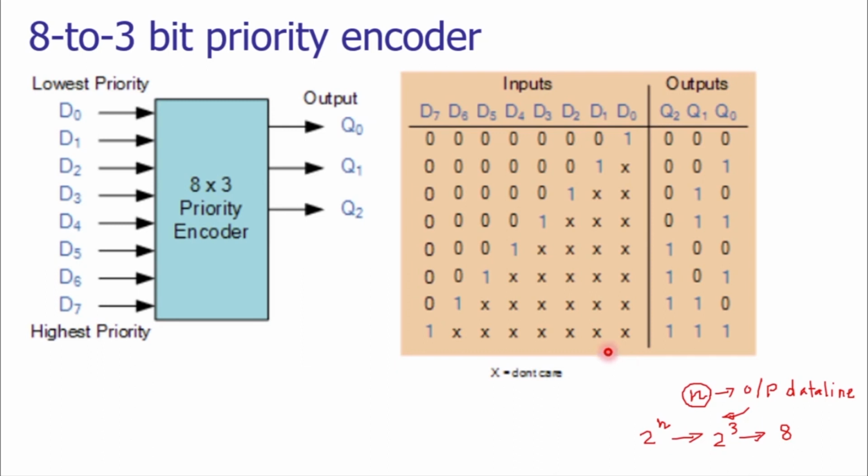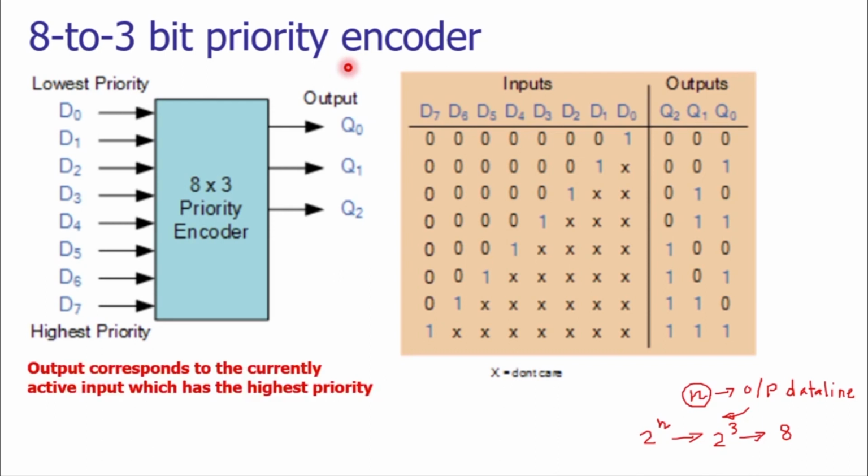Well, here we are providing the priority level to each data line. The lowest priority is given to the D0 data line, and the highest priority is given to the D7 data line.